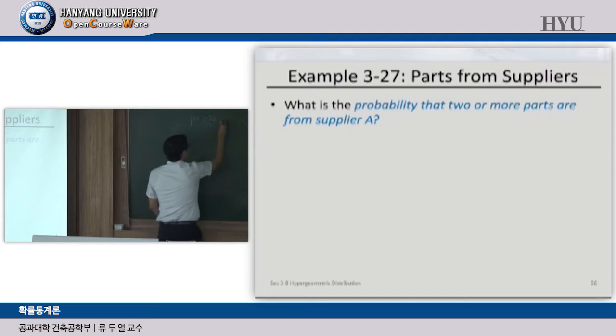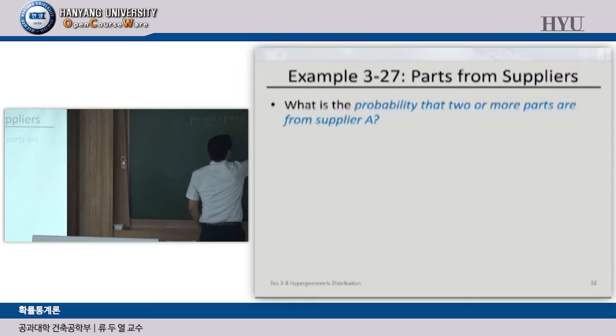So this will be the summation of the probability of x when x is equal to 2, and the probability of x when x is equal to 3, and the probability of x when x is equal to 4.